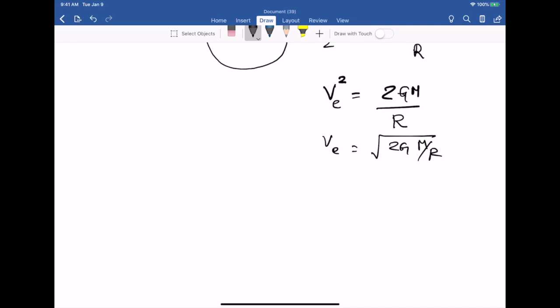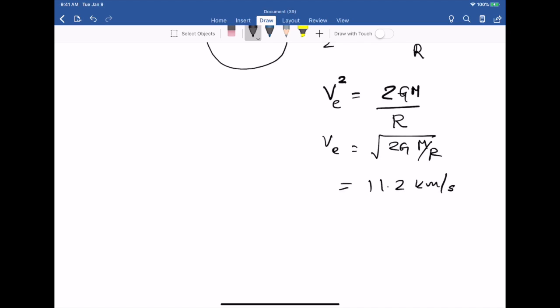What is the value of the escape velocity for the Earth? If you plug in the value of G, and if you plug in the mass of the Earth and the radius of the Earth, you will find that the escape velocity for the Earth is something like 11.2 kilometers per second. So that's a very, very high speed.